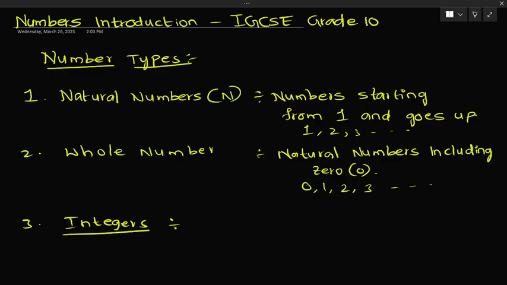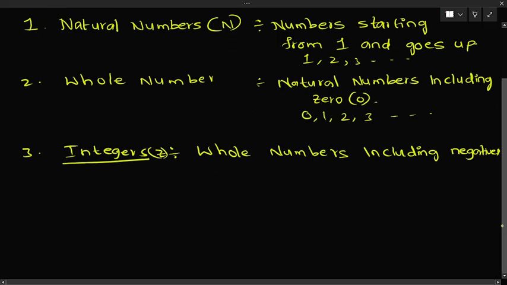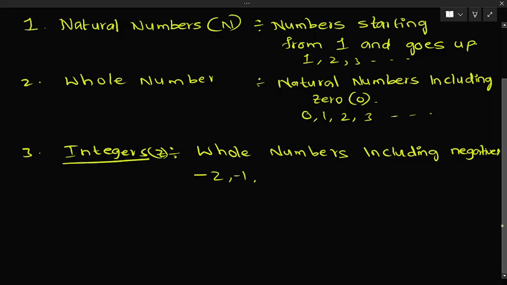Here the integers are represented by Z. So integers are nothing but whole numbers including negatives. So here all numbers are integers: -2, -1, 0, 1, 2 and goes up. This side also goes up.